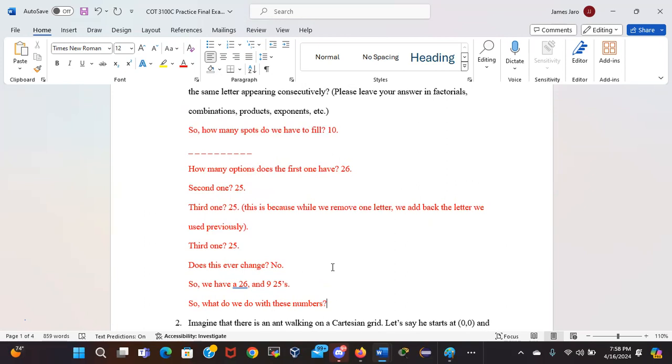How did we get the factorials? There wouldn't technically be any factorial behavior here. If there was factorial behavior, then we would be having repeat letters.